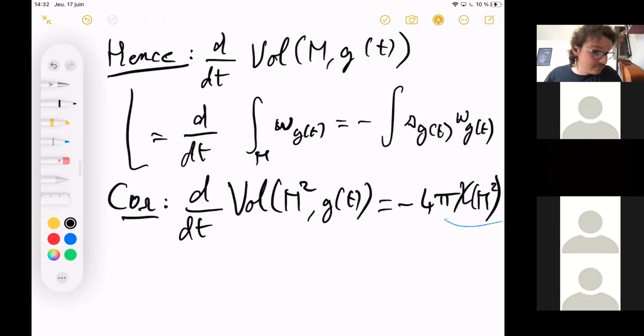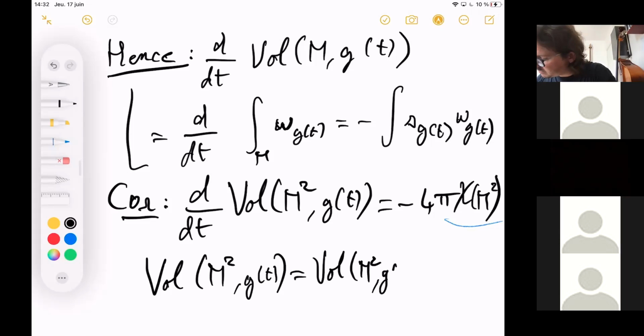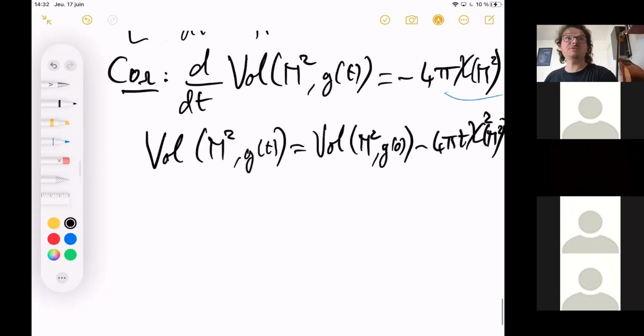And so you actually get an explicit expression for the volume, which will be the volume of M0 minus 4 pi t chi of M. And actually, this is the picture we already drew.